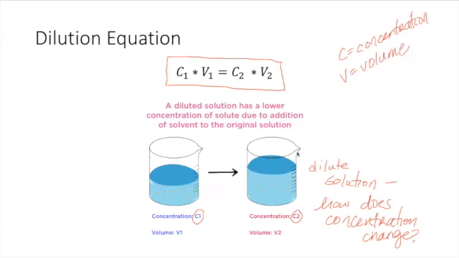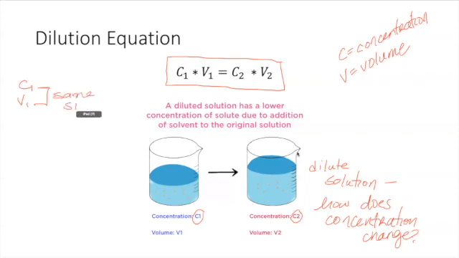This formula kind of reminds me of the combined gas law formula. It's very similar looking and works very similarly as well. So you want to make sure that you keep C1 and V1 on the same side.